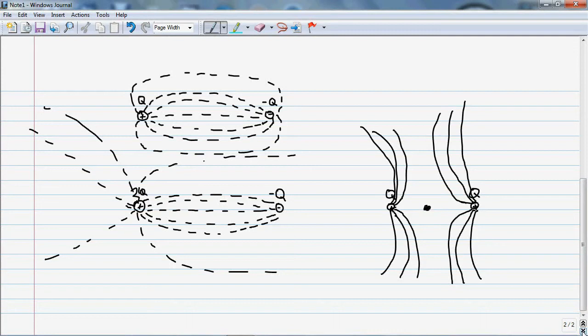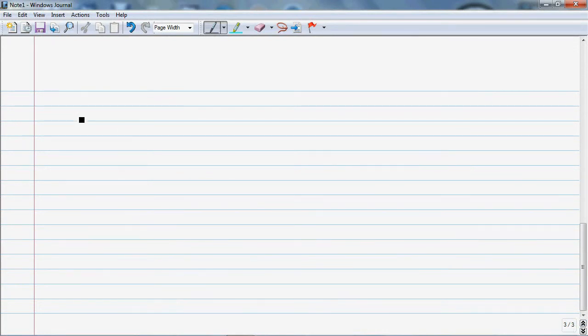Now, another situation, if we have two plates, one has positive charges and the other plate has negative charges, it has to be the same amount of positive to negative charges.